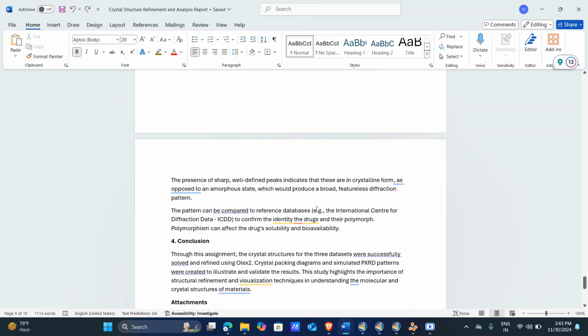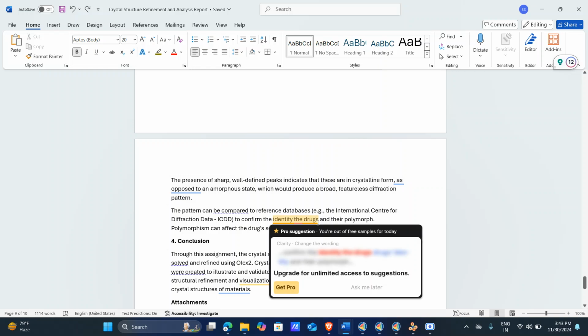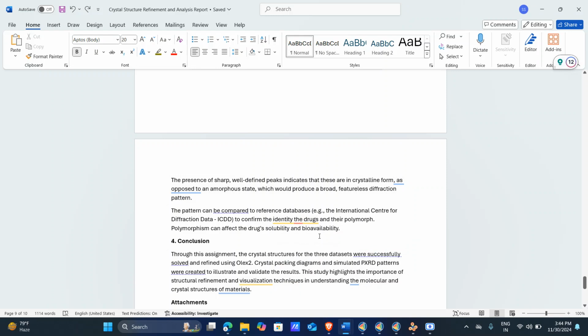The given diffraction pattern can also be compared to some reference databases like the International Centre for Diffraction Data to identify whether this drug is original or has some mixture of other materials. So we can get to know whether it has a polymorph or not.